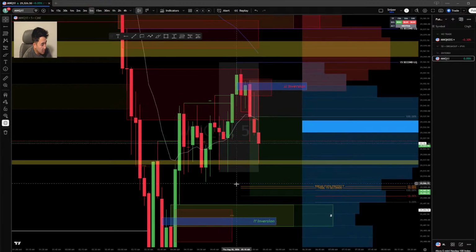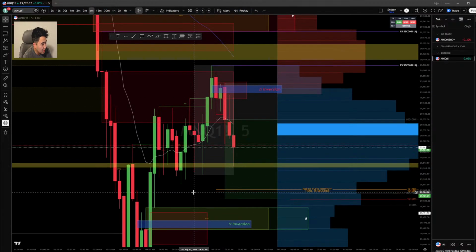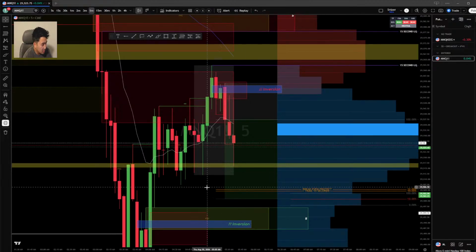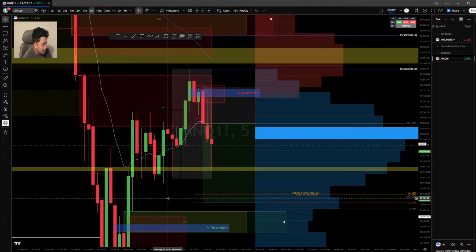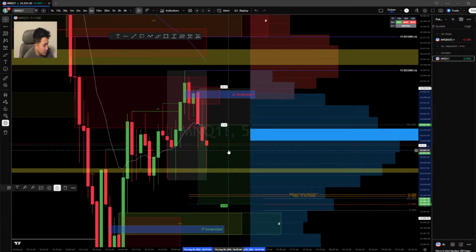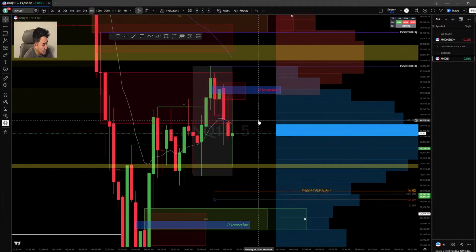I didn't expect the spike to be that big. That's why you trail that 15-second candle. Alright, that's good. We profit a little bit off of that. This is a crazy spike up. That was a good trade. Got some profits off of that one.